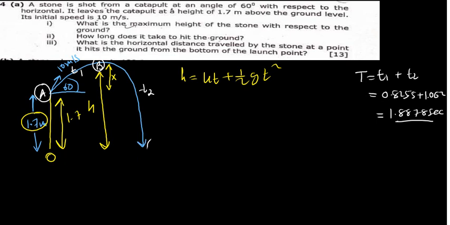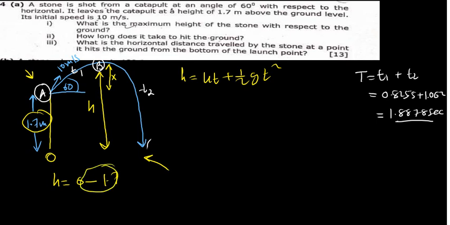So how do you find height? Height is given as a difference, so it will be final minus initial. h is the final position of the stone, which is 0, minus the initial position, which is 1.7 meters away from the ground. That is why the height is going to be negative. So this is negative 1.7, and that will be equal to, now this u is the initial speed in the y direction.